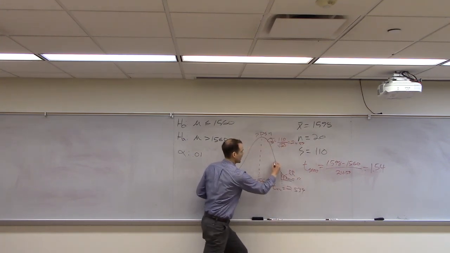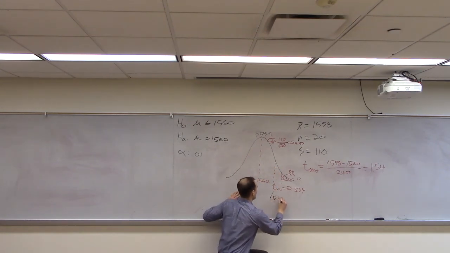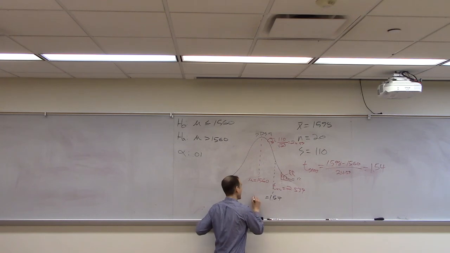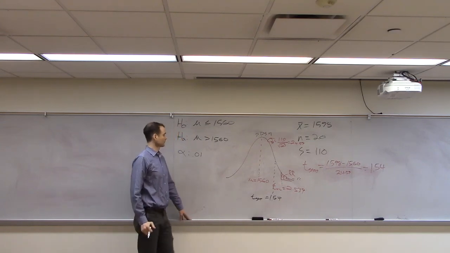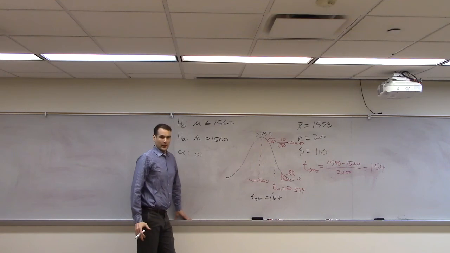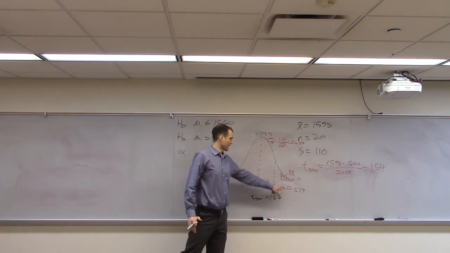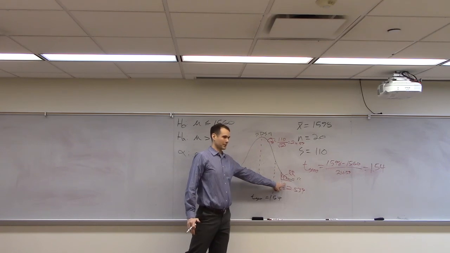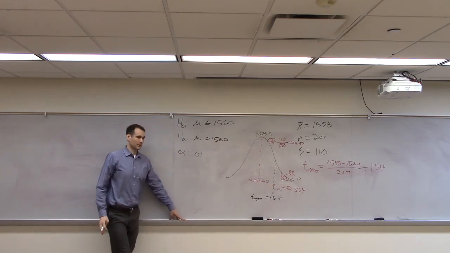Let's mark that on the graph. 1.54, that is our t stat. What is our decision? Fail to reject. It is not overwhelming evidence. It does not fall in that rejection region. So our decision is fail to reject.